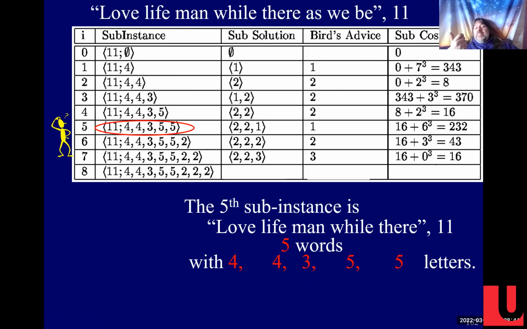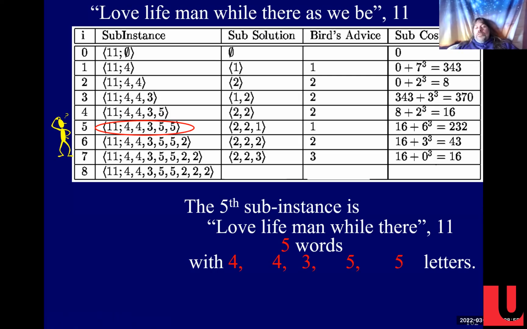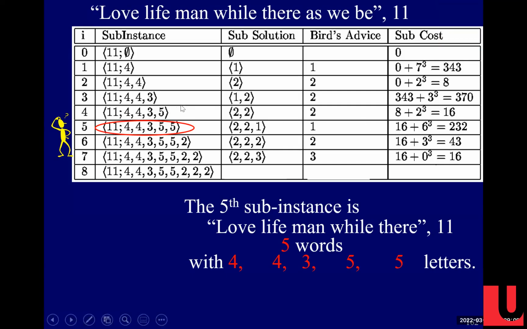So all we care about is the number of letters. So that's our subinstance. And given that, we have to say, what's the optimal solution? And it turns out that the optimal solution says, put 2 words on the first line, put 2 on the second, put 1 on the third, right? That's the solution. And if you were to calculate the number of spaces and cube them, it would come up to this number.